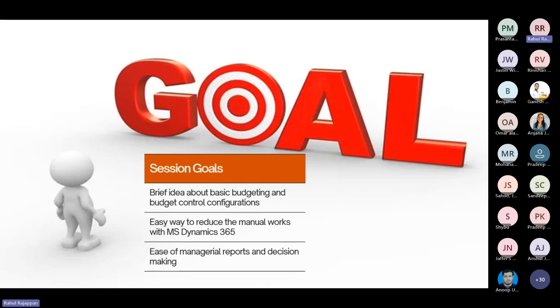And at the end of the session, you will have a basic idea of how budgeting and budget control work in D365, how we have reduced the manual work of the end users, and how we have minimized the risk of data entry error. Reducing the manual work can significantly enhance productivity, save time, and minimize errors.